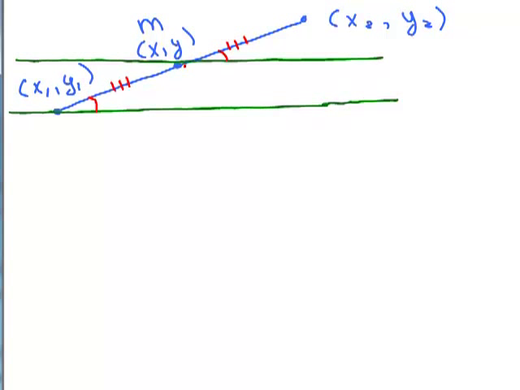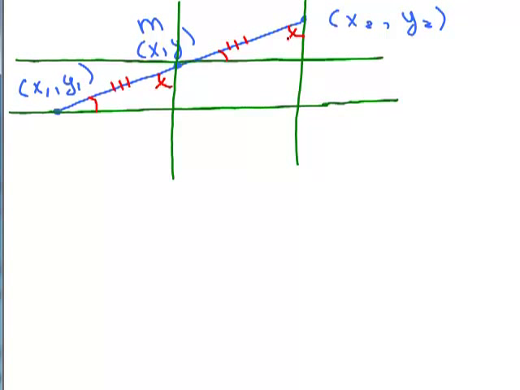Now, if we take two other parallel lines, I'm going to take these parallel lines now. Here's a parallel line to this point right here. Okay, so we'll say these two green lines are parallel. By the same token, this transversal is cutting through these two parallel lines, so this angle is the same as this angle.